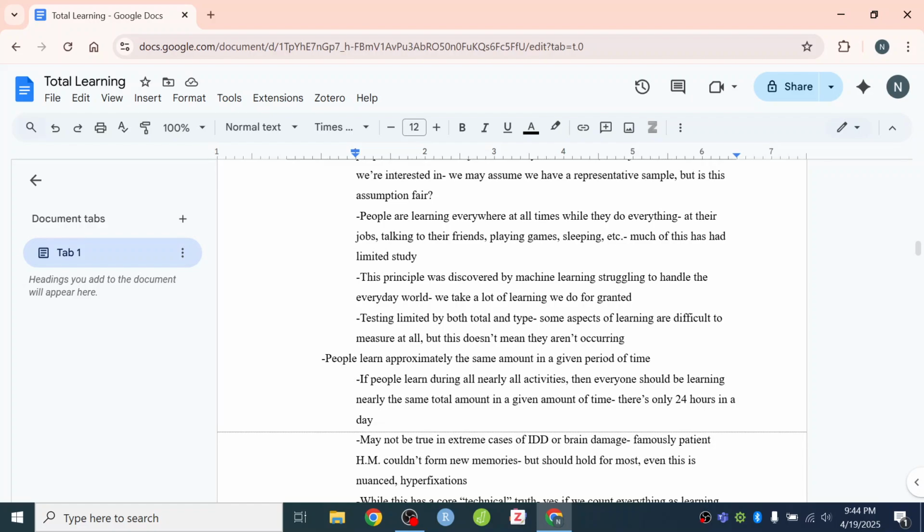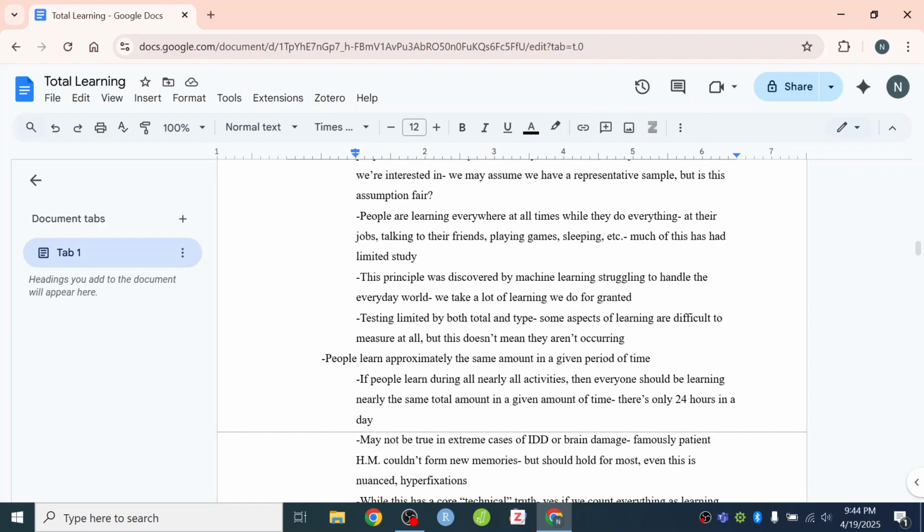This is a famous case. In those kinds of situations, we could argue that the person is truly learning less than another person in the same period of time. But this principle that people learn approximately the same amount in a given period of time should hold in most cases. And even in the cases of intellectual developmental disability, brain damage, it's still nuanced.